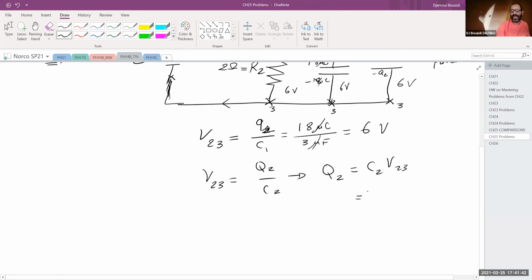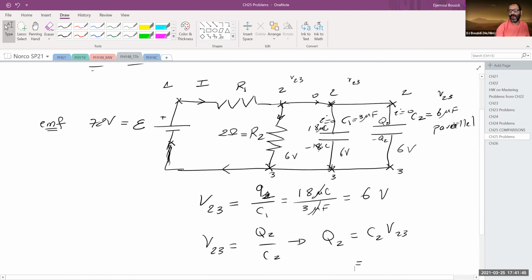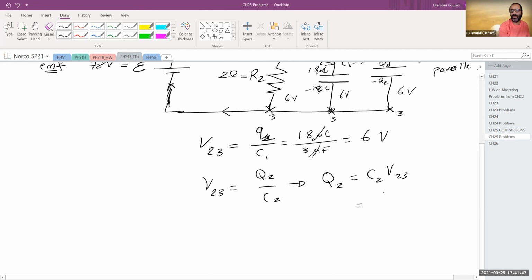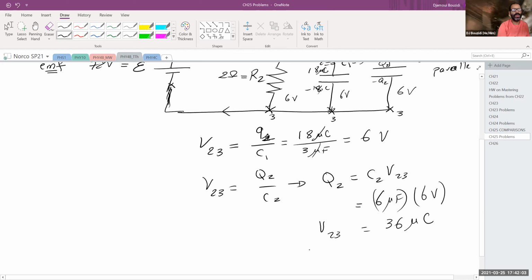So this C2, they tell us it's 6 microfarads. So it's 6 microfarads times the voltage that I just measured, which is 6 volts, the micro stays by itself. The farad times volt is actually coulomb. So 6 times 6 is 36, 36 microcoulomb. And that is the answer to the question.